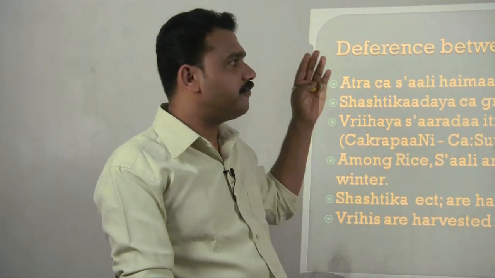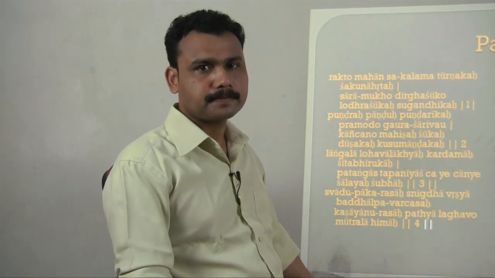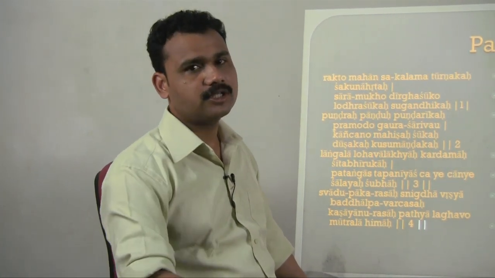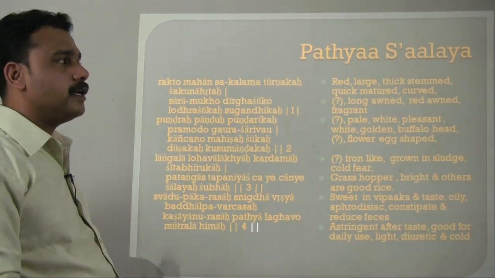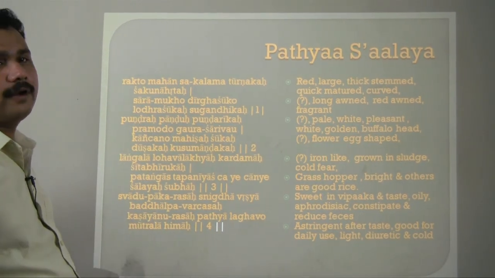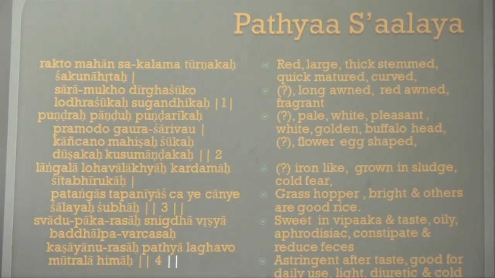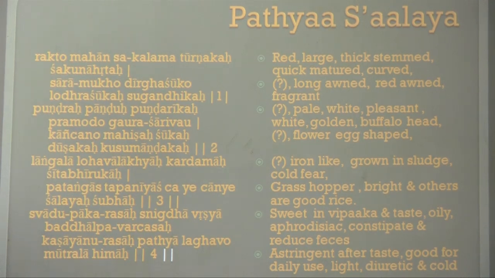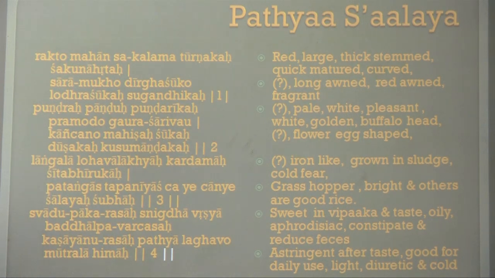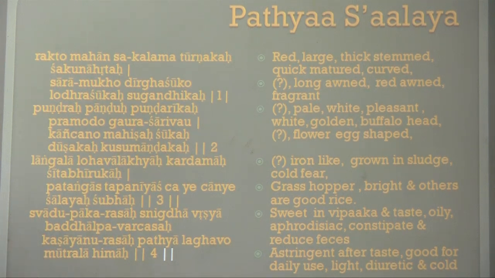As an example, I am going to the reference in Ashtanga Hridaya where he explains a huge number of Shali varieties harvested in winter.